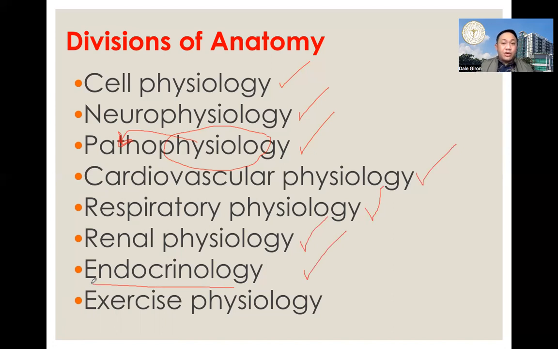Endocrine organs secrete different hormones, and those hormones can be found in the blood. So these are measurable by collecting a blood sample in the laboratory. And also exercise physiology. Actually, exercise physiology is the combination of not just cardiovascular and respiratory, but also the whole human body.